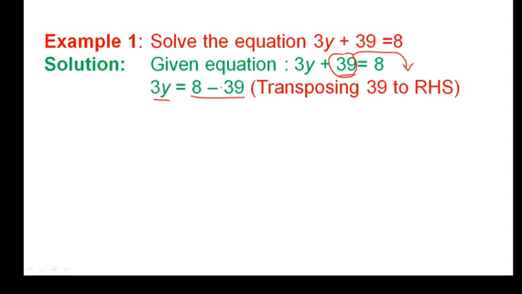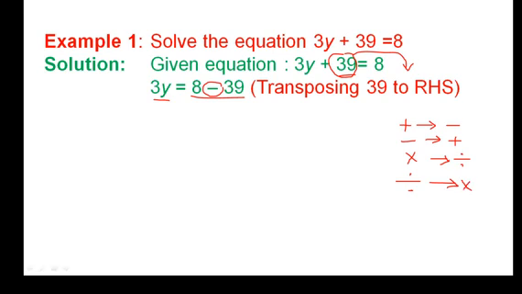minus 39. How do we get minus here? When we are transposing left side values to the right side, the symbol will be changed. Plus becomes minus, minus becomes plus, into becomes divided by, and divided by becomes into.